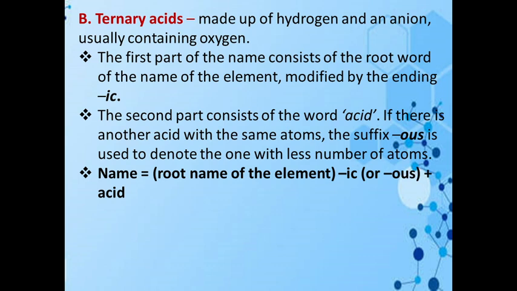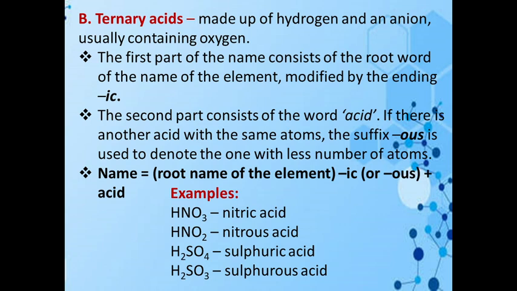So we have the root name of the element, the -ic or -ous, plus acid. Whether it is -ic or -ous depends on the charges and the element. Examples: nitric acid, nitrous acid, sulfuric acid, and sulfurous acid.